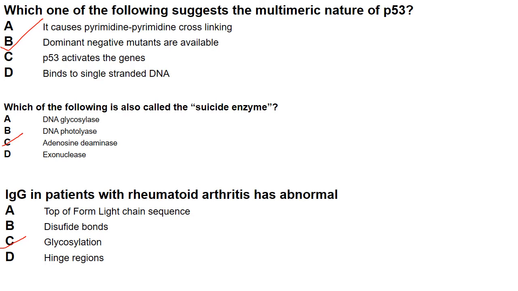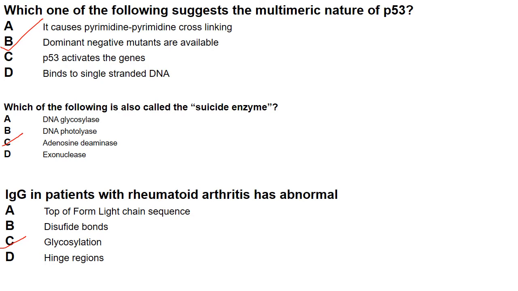Now, dominant negative mutations are most effective for proteins that need to assemble into multimers to be functional. So they are effective for proteins which are multimers, and they have asked the multimeric nature of P53, so it is dominant negative mutants.